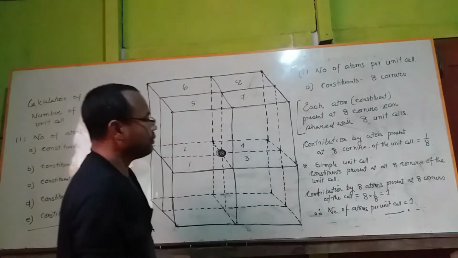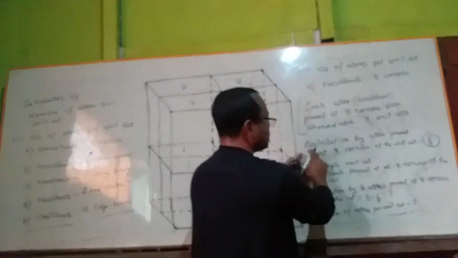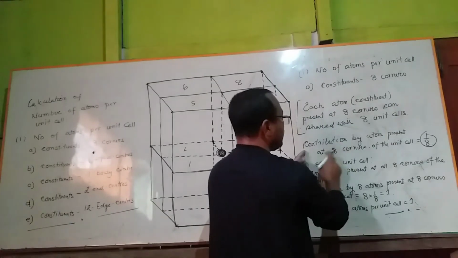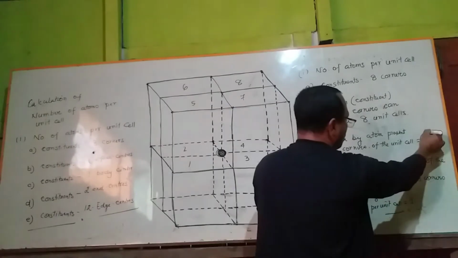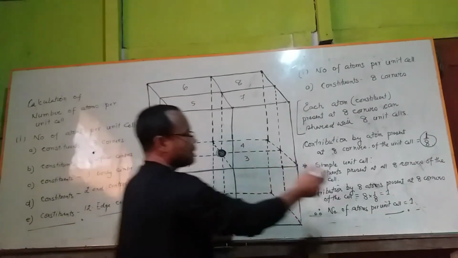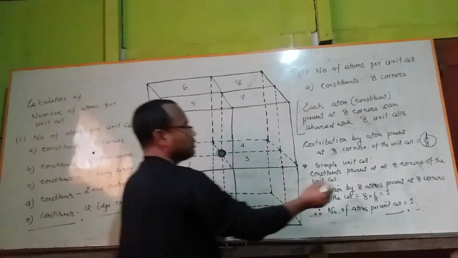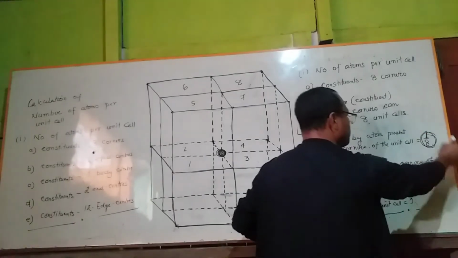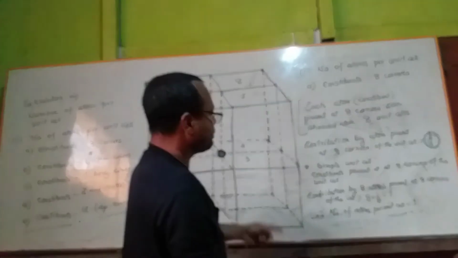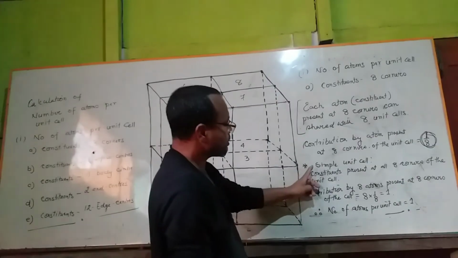Now mathematically, the contribution by an atom present at the 8 corners of the unit cell: 1 is the atom present at the corner, and 8 is the number of unit cells sharing it. This is the simple mathematical formula we can write. So in our types of unit cell, what is the type of unit cell?